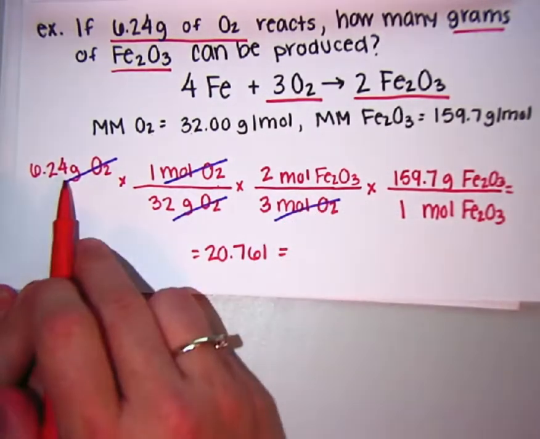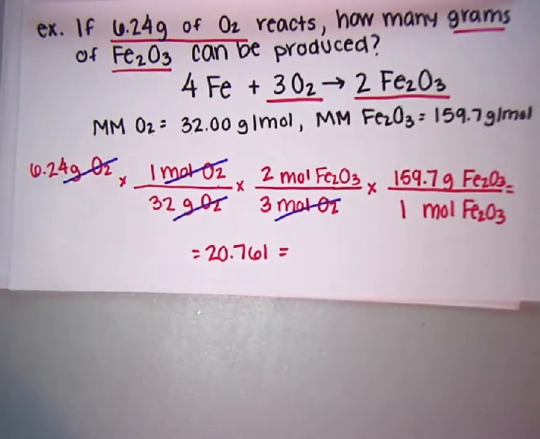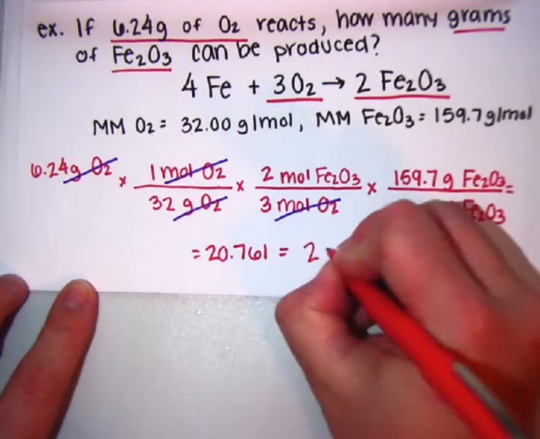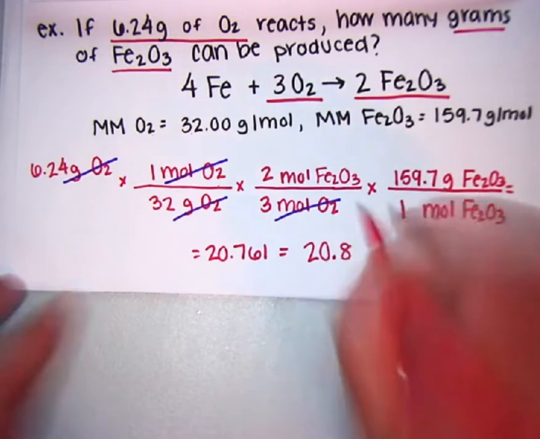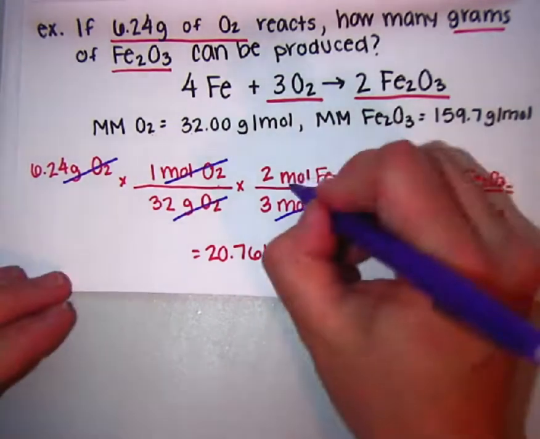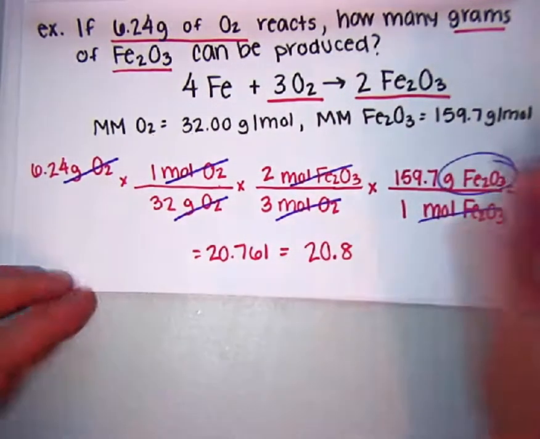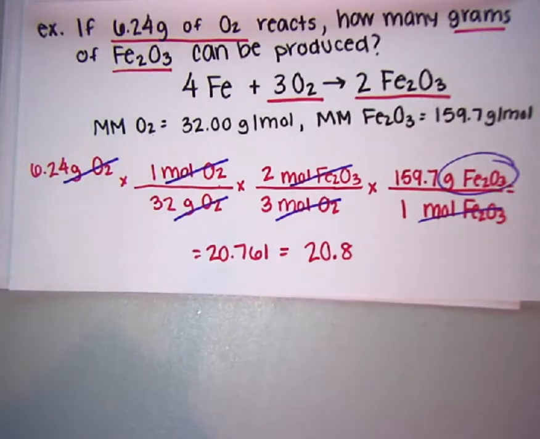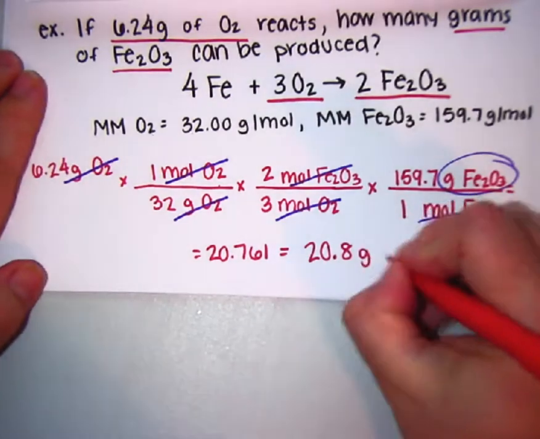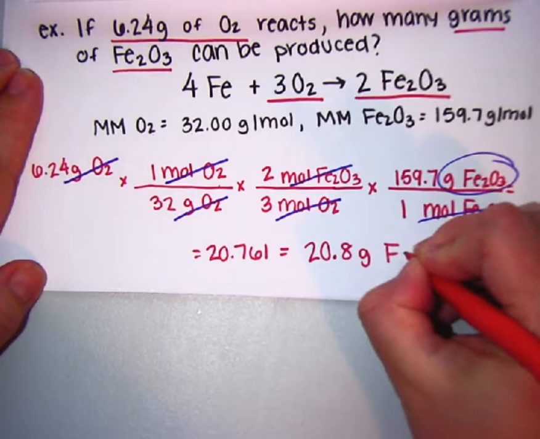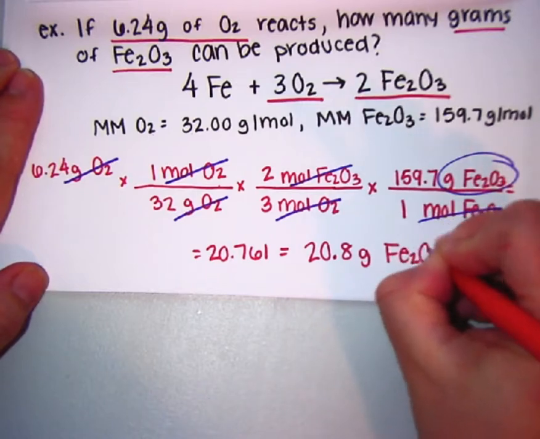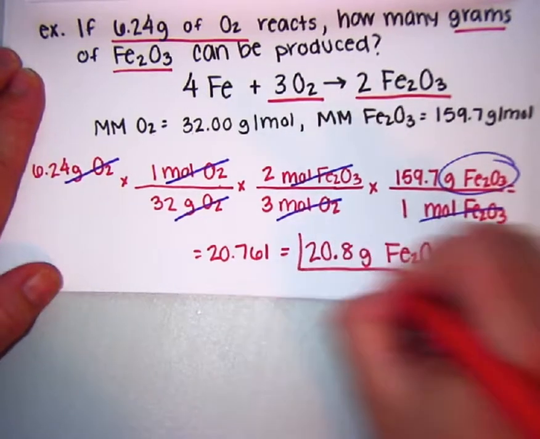The given has 3 significant figures, so my answer should have 3 significant figures. I would round this up to 20.8. Moles divided by moles cancel, and I'm left with grams of iron 3 oxide. So final answer, 20.8 grams, Fe2O3.